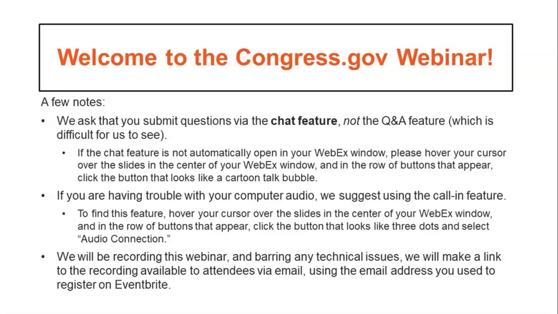I got a question about whether there are similar websites for the executive branch and the judicial branch. So is Congress.gov unique to the legislative branch? It's a tough question to answer. One thing is the GovInfo website that I typed into the chat.